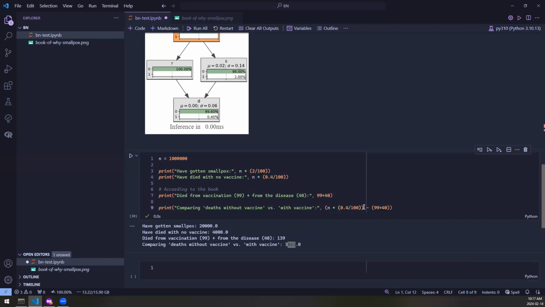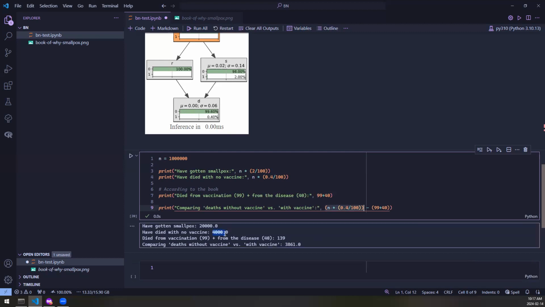So that means the amount of children by not taking the vaccine, that was 4,000, and the amount of children that will unfortunately die because they took the vaccine and also had smallpox, because there is some kind of probability, very small for that.